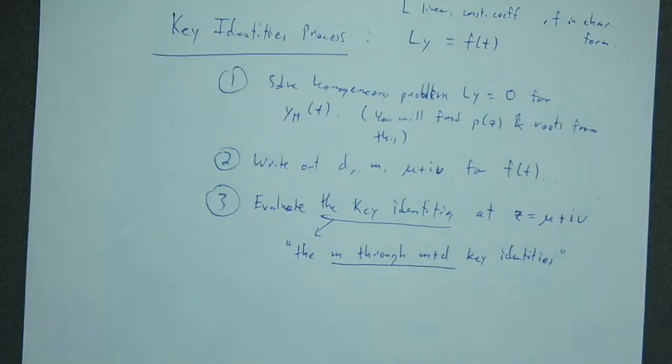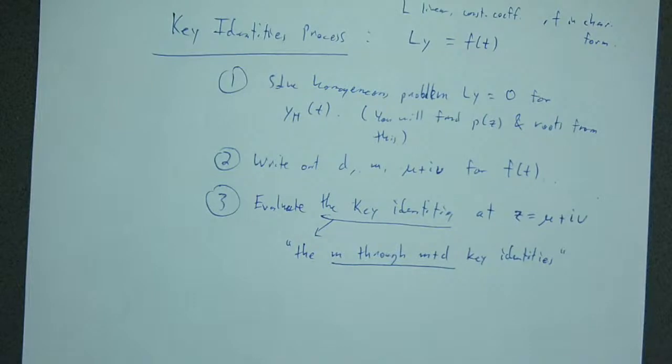Just like when m plus d was a large number, especially when the degree is large, you had a lot of algebra in solving for your particular solution using undetermined coefficients. The same thing happens here, where you need to use more of these key identities as m plus d is large. Typically m plus d is going to be small, so you're not going to have to use more than like 2 or 3. 3 would be the absolute most you would need.